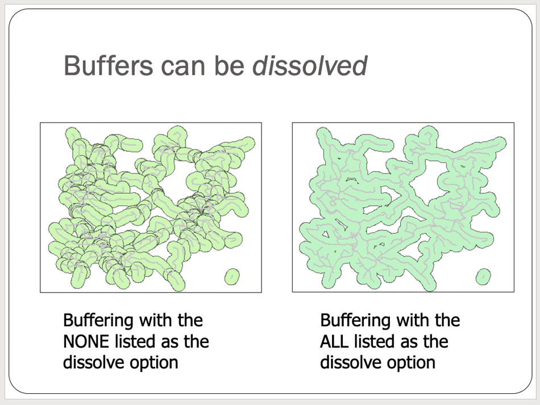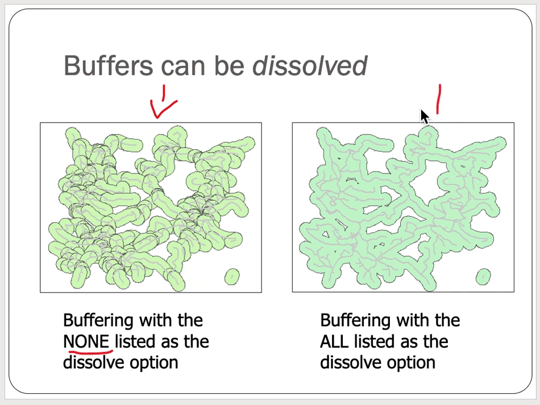And buffers can be dissolved. Here, this one is an example of not dissolving the buffers, and to choose that you would need to click none as the dissolve option. So here you could see there are many buffers and they are overlapping each other, so it looks quite messy.